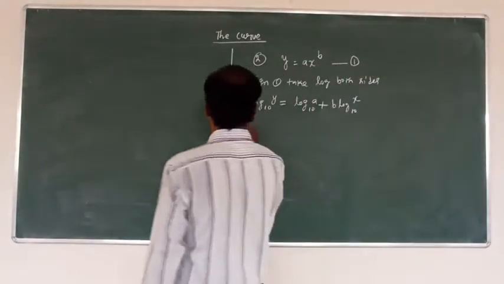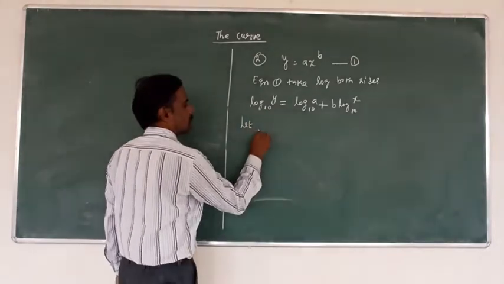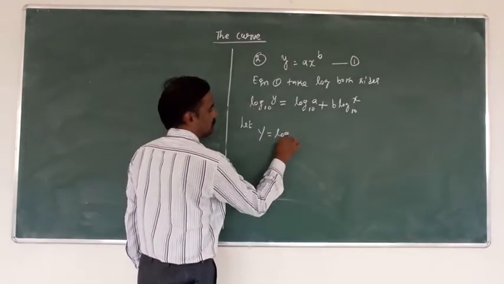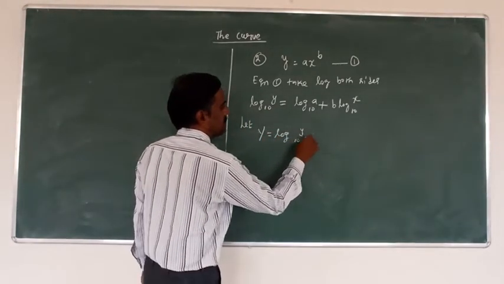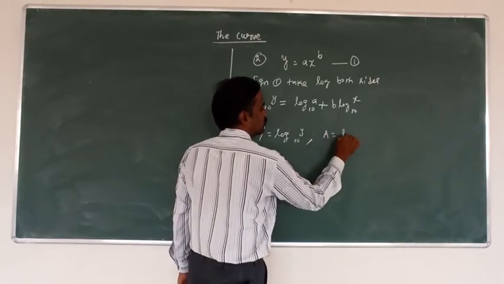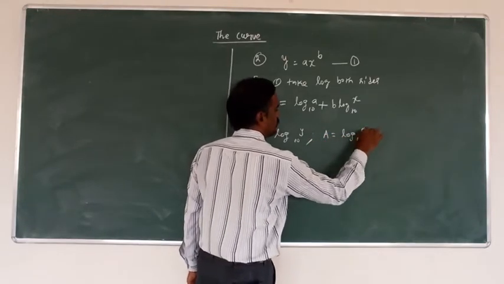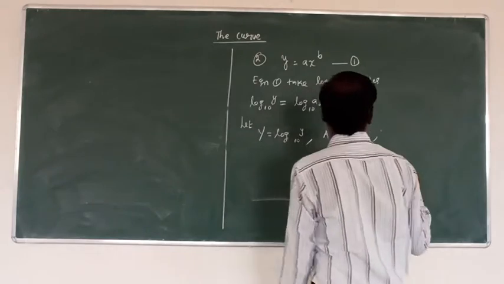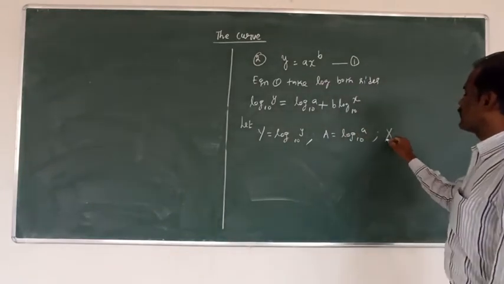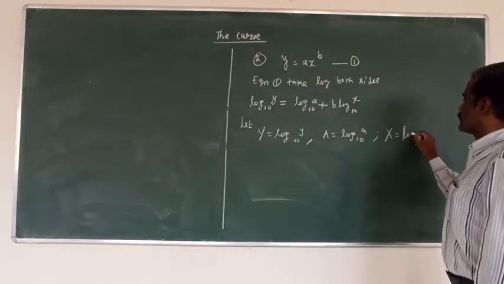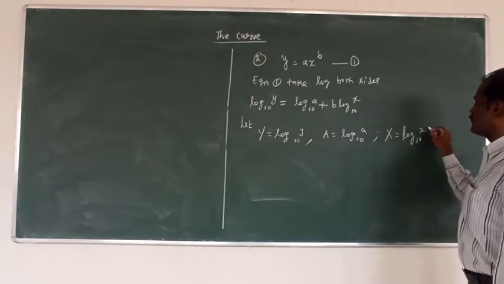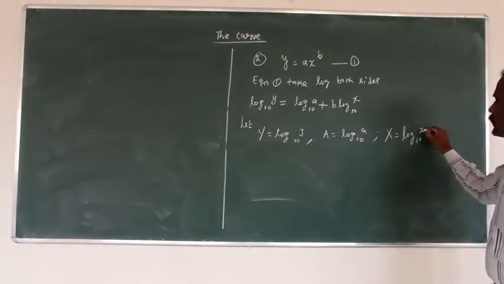Let capital Y equal to log 10 power y and capital A equal to log 10 power small a, and then capital X is equal to log 10 power small x.